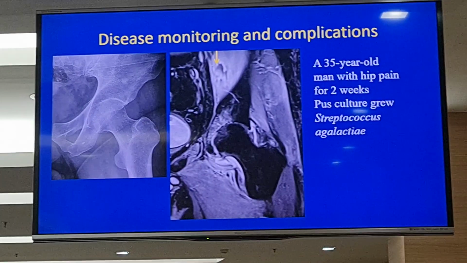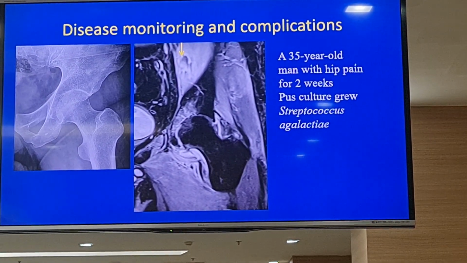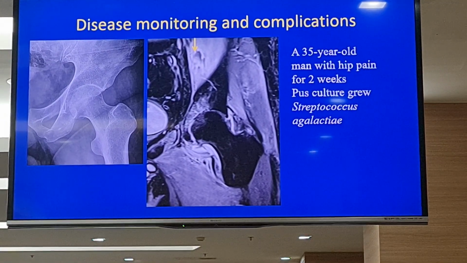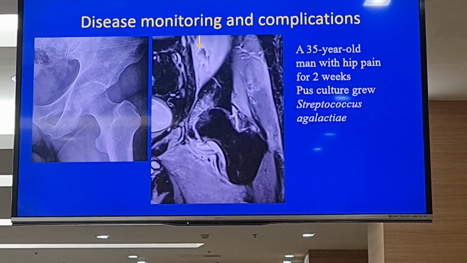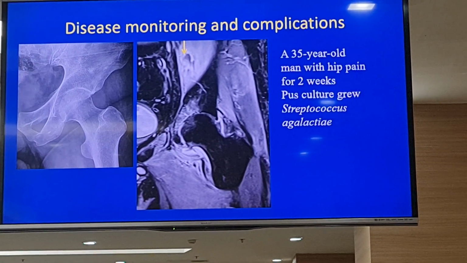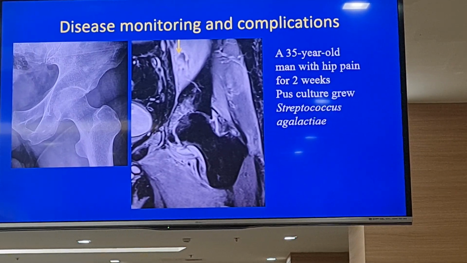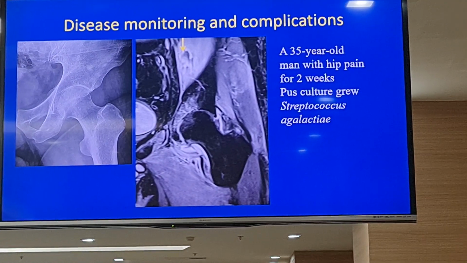Okay, one thing that MRI can help with, and is also the question that people working in the technical field may be dealing with, is disease monitoring. Okay, this guy has pain for 2 weeks and culture grew septic arthritis.